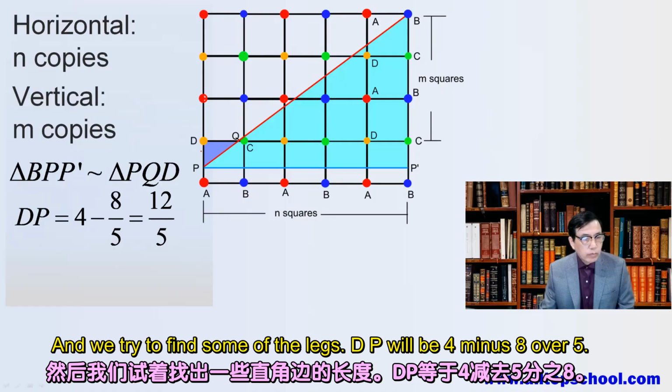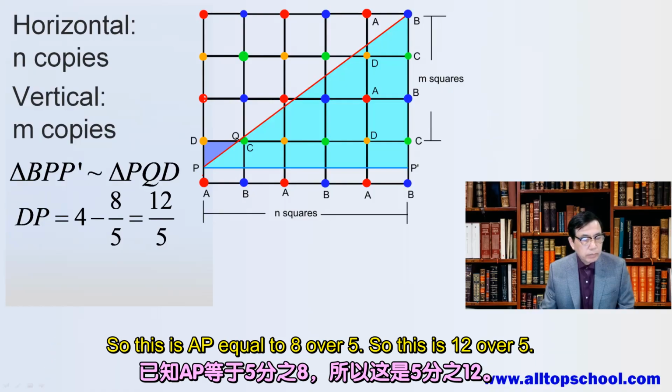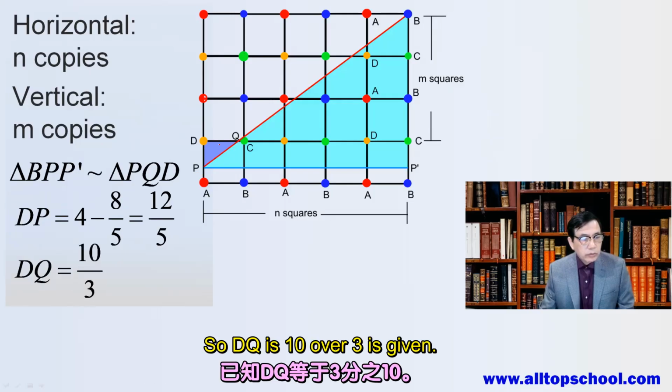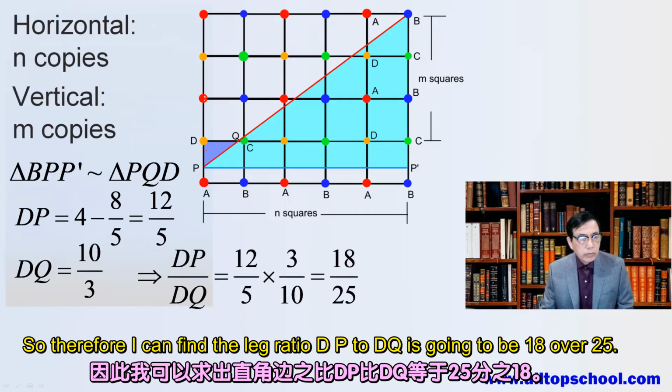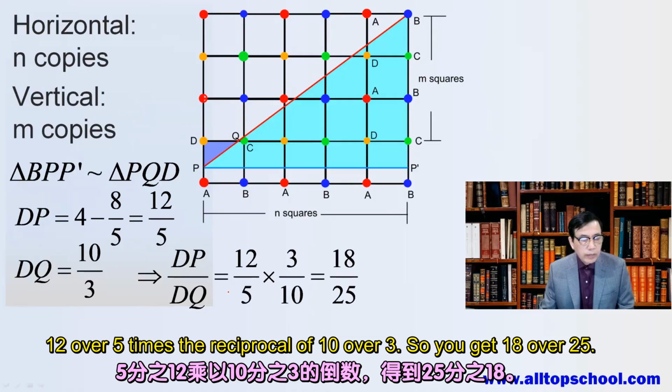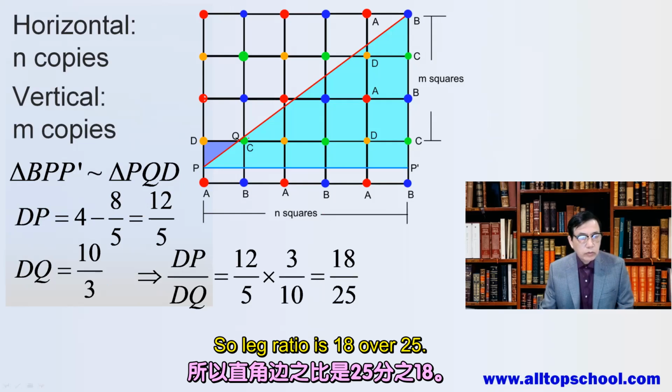DP will be 4 minus 8/5, since AP equals 8/5, so DP is 12/5. DQ is 10/3, given. Therefore, the leg ratio DP to DQ is 12/5 times the reciprocal of 10/3, which gives 18/25. So the leg ratio is 18/25.